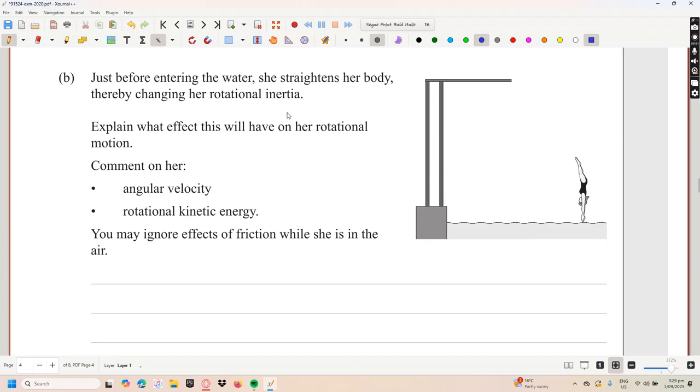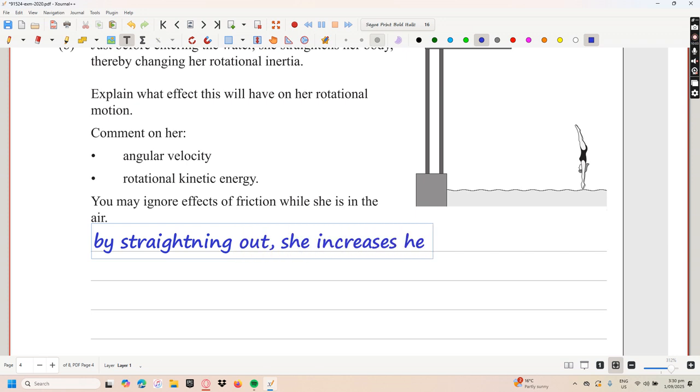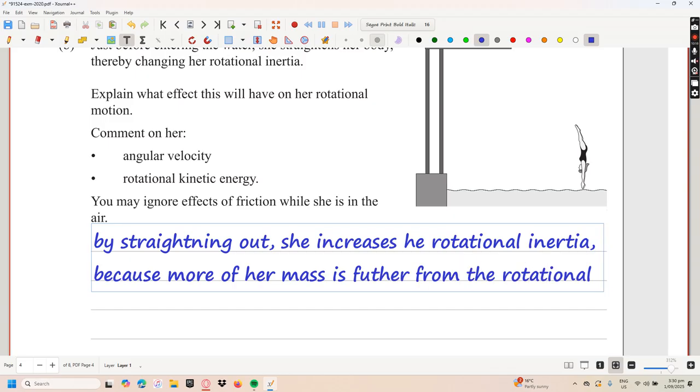She straightens her body there by changing rotational inertia. Explain what effect this will have on her rotational motion. Okay, by straightening out, she increases her rotational inertia because more of her mass is further from the rotational axis.